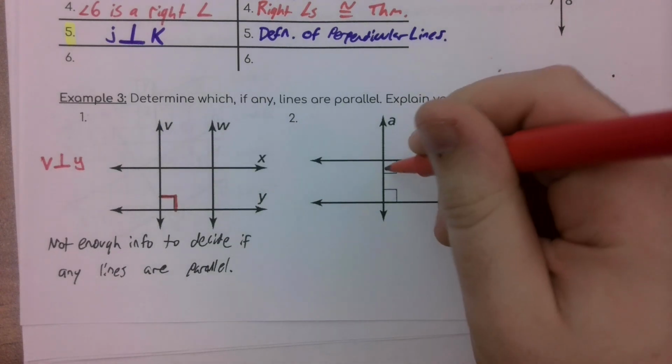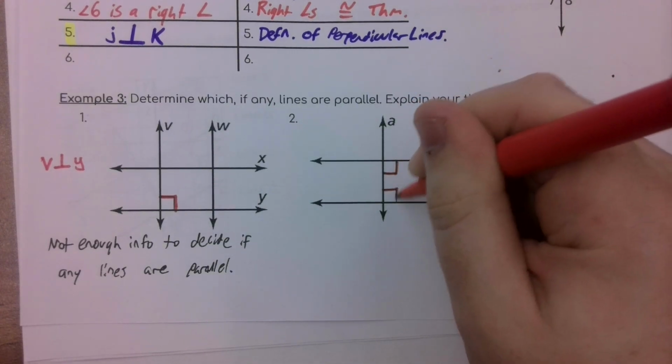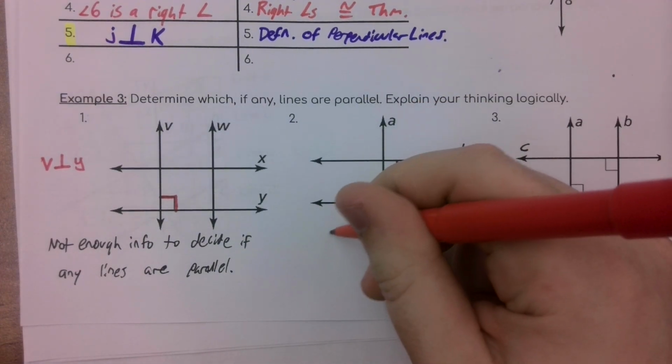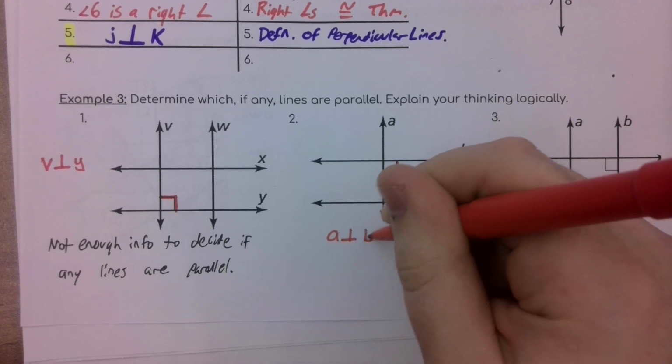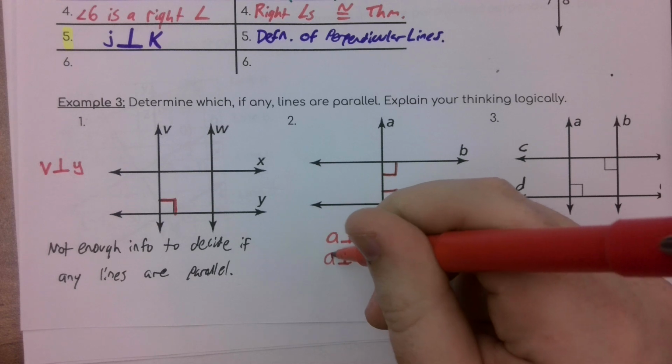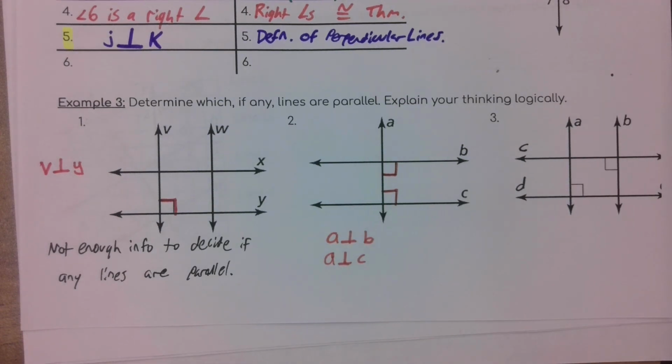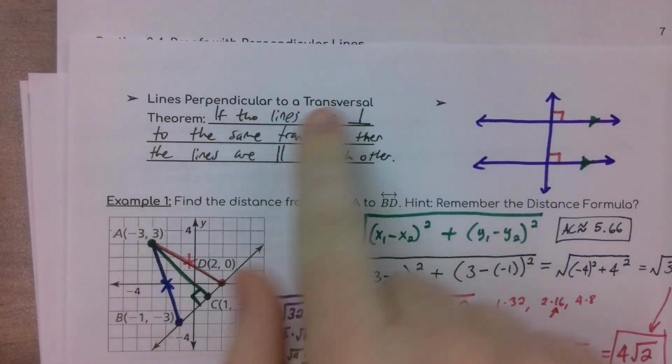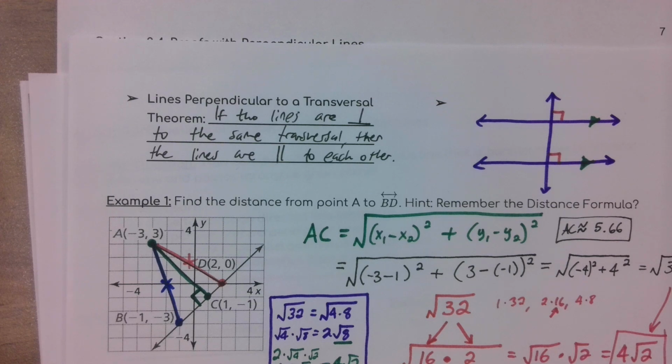But let's take a look at number 2. For number 2, we know two things. A is perpendicular to B. A is perpendicular to C. We now have two perpendicular pairs. Is that enough to show that any of the lines are parallel? Well, I have a little theorem called the lines perpendicular to a transversal theorem that says yes.